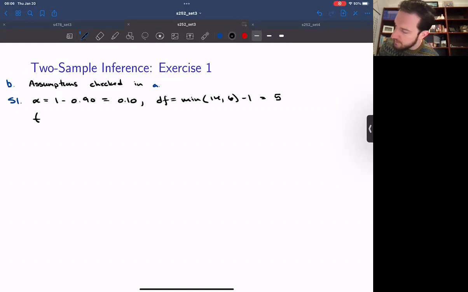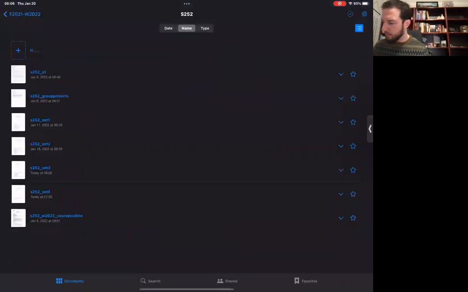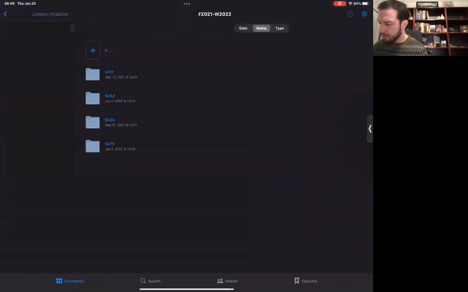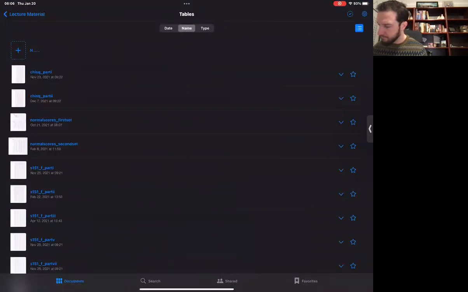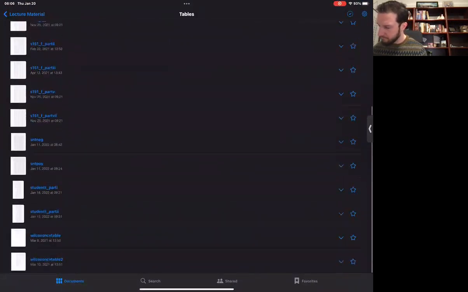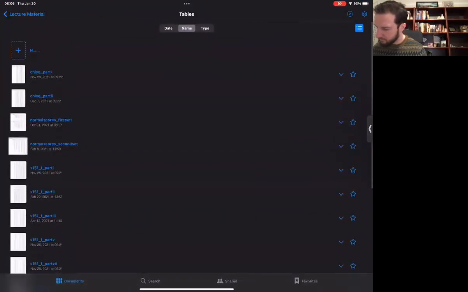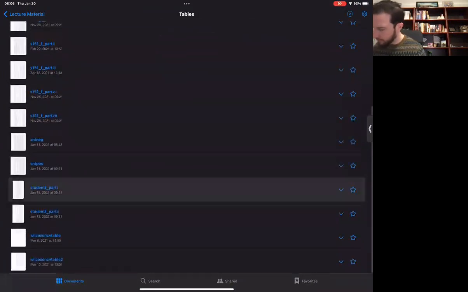So we are going to have a T value on 0.05 and 5 degrees of freedom. Okay, so we open up our T table in this case.